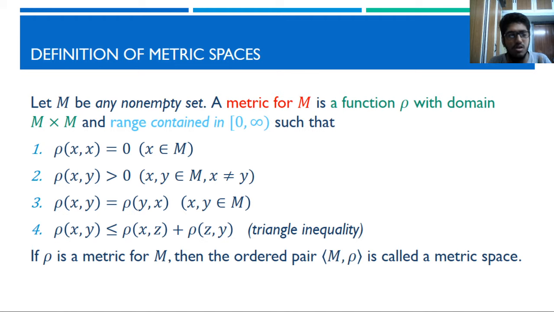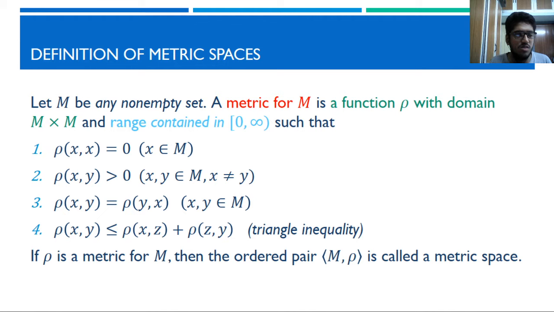Not just these two, it should satisfy 4 more conditions. One, rho of x, x is equal to 0 for all x belongs to M. Two, rho of x, y is greater than 0 for all x, y belongs to M and x is not equal to y. Third condition, rho of x, y is equal to rho of y, x for all x, y belongs to M. Fourth condition is called triangle inequality, and that's very peculiar because we know what a triangle is, and this has something to do with a triangle, it seems.